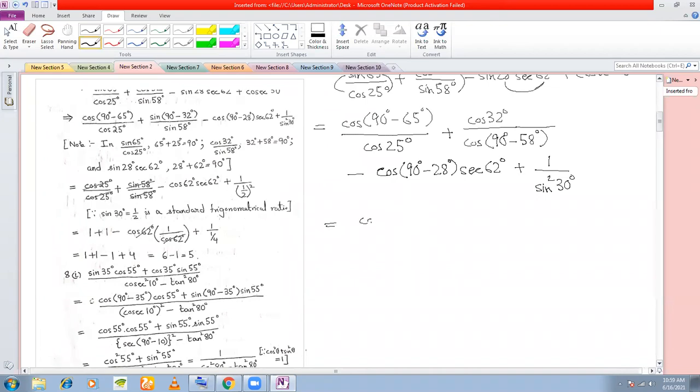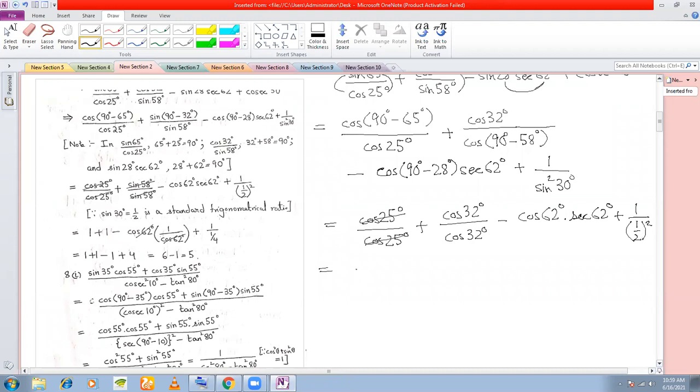Therefore you get cos 25 degree by cos 25 degree plus cos 32 degree divided by cos 32 degree minus cos 62 degree into sec 62 degree plus 1 by sine square 30. Sine 30 is half, so this is half square.